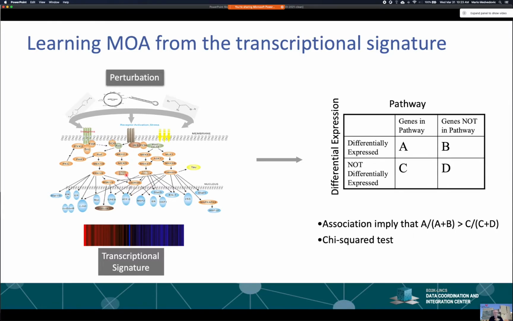And we look for the overlap, the genes that are both differentially expressed and in the pathway, and try to assess the association between differential expression and the pathway by analyzing this 2x2 table. So the question is, is this overlap unusually high?